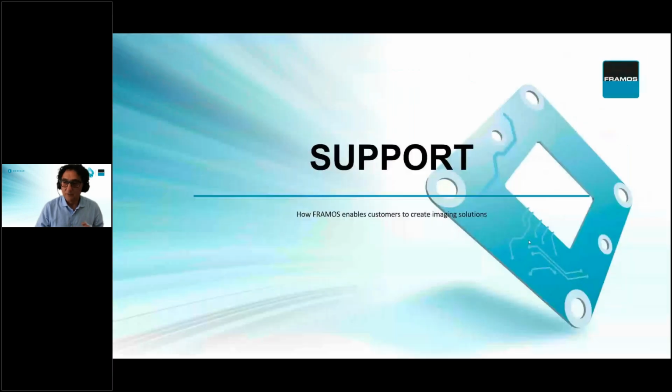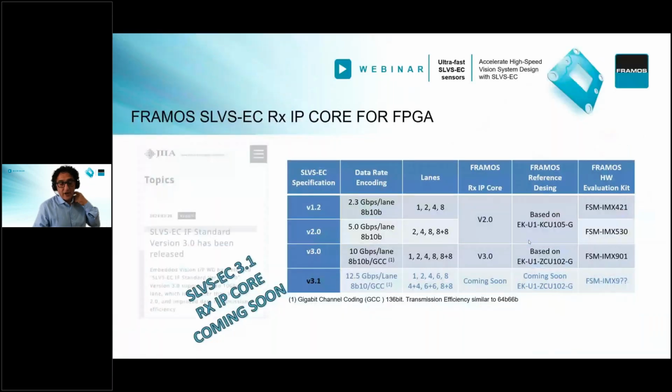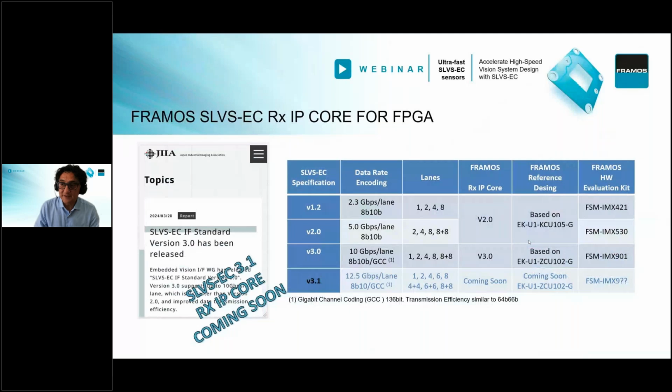Whatever it is, I mentioned we have the SLVS-EC IP core, which means that we support what the Japanese Industrial Imaging Association is specifying. SLVS-EC is a standard, a protocol specified by the Japanese Industrial Imaging Association.